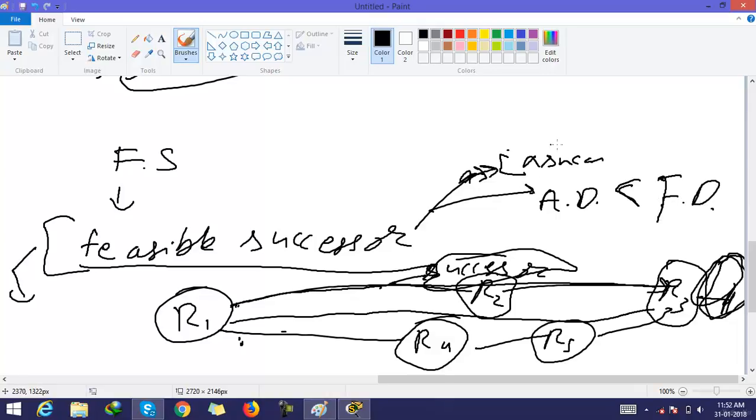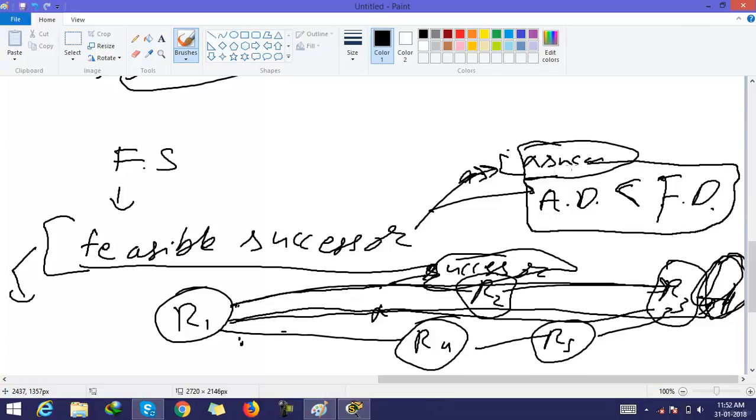If a link is not a successor, and via this link we can reach the particular network, and it also follows this condition, then that link is considered a feasible successor. This condition must be followed to become a feasible successor. And this feasible successor is saved in the topology table.